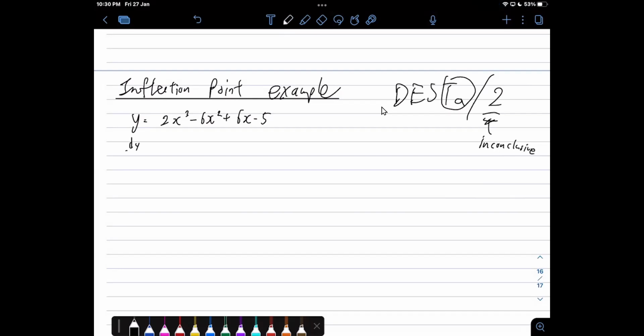Okay, let's do it. So dy by dx is your first step, right? You get 2 times 3, 6, x squared minus 6 times 2, 12, x, 2 minus 1 is just 1, don't need to write power 1, plus 6. Constant differentiate, you get 0.